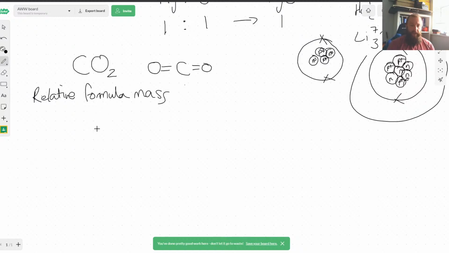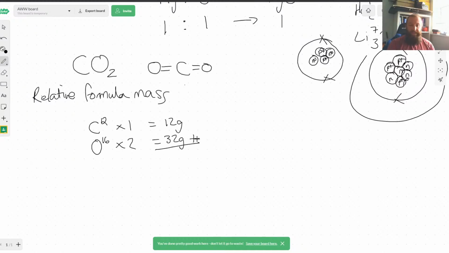So let's look at CO2. I'm going to write down carbon. Carbon's atomic mass is 12, and I have one of them. So 1 times 12 equals 12 grams. We'll do the same thing for oxygen. Oxygen's atomic mass is 16. There's 2 of them, so 2 of them are going to have a mass of 32 grams.